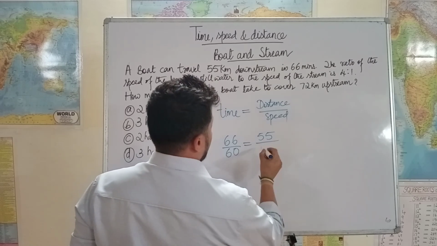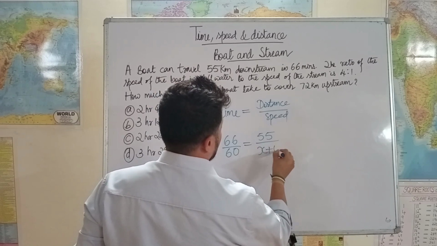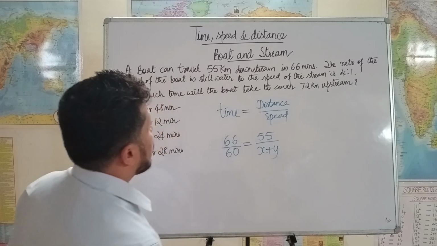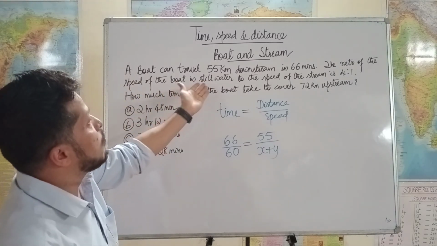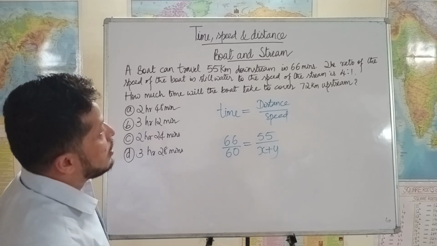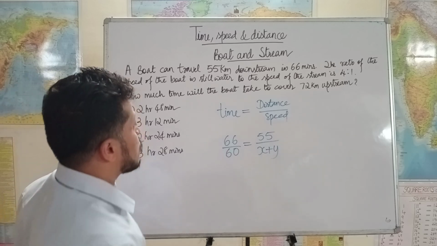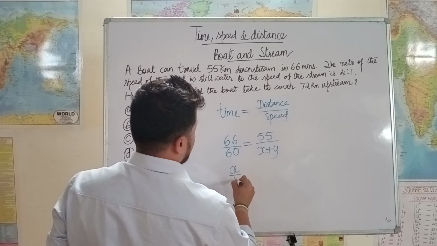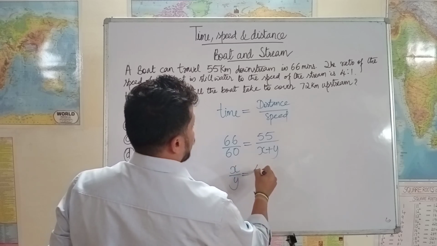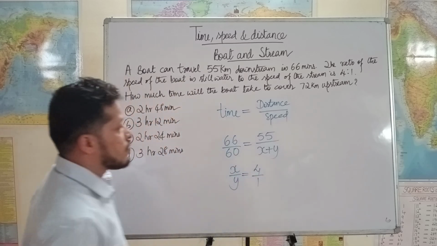What else do we have? The ratio of the speed of the boat in still water to the speed of the stream is 4:1. That means x by y is equal to 4:1.